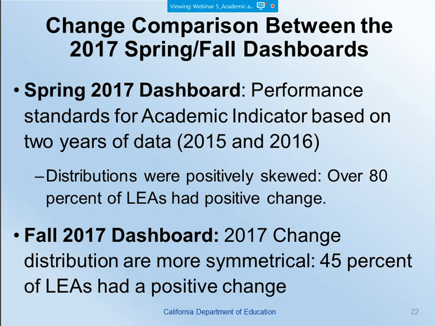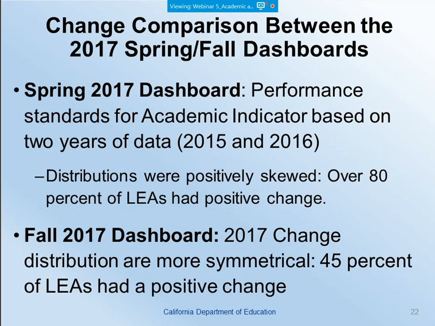So as a way of introduction, when the standards were set for the academic indicator, we only had 2 years of Smarter Balanced summative assessment data available, 2015 and 2016. And we only had 1 year of change data. So we worked to set cut scores and create 5x5 grids for last spring's field test of the dashboard based on the limited change data that we had.